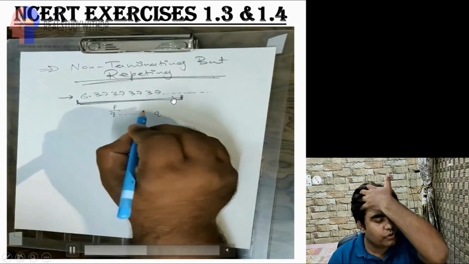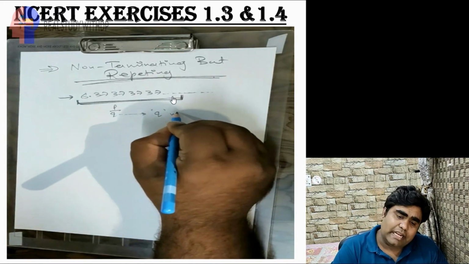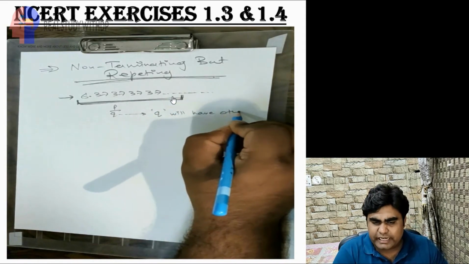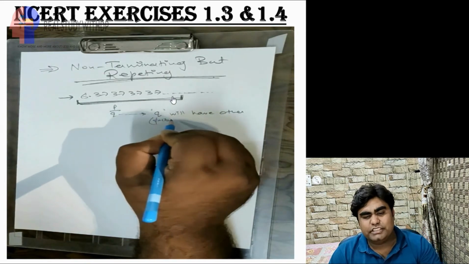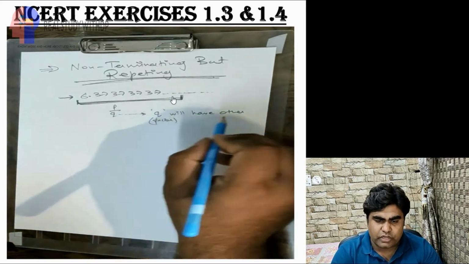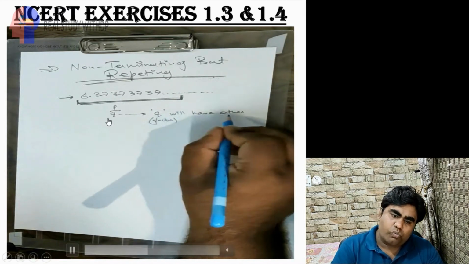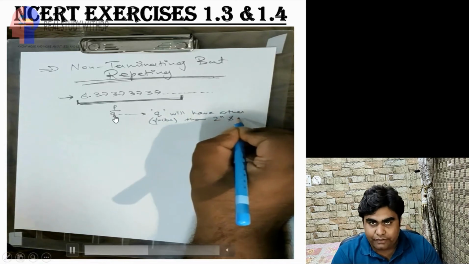Now what we are going to do is apply the same thing that we have done in the terminating part. Let's see what factors q will have. If we convert this number into p by q form, then what kind of factors does q have?